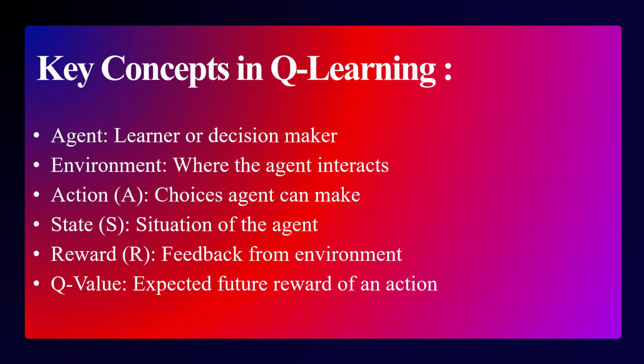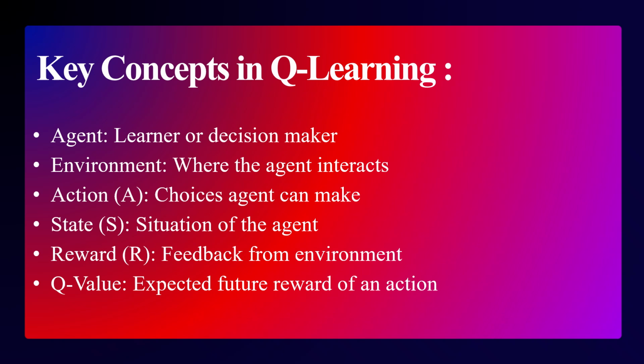Here are the key parts of Q learning. First is agent. Agent is nothing but a learner or decision maker. Second, environment. Environment is the world the agent interacts with. Third is state, the current situation or condition. Fourth, action.